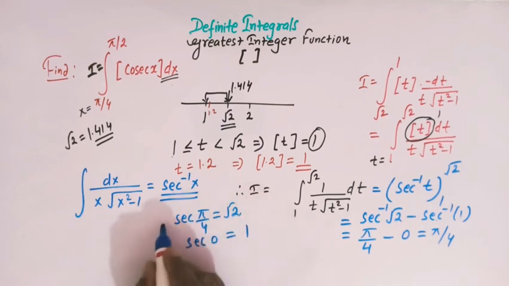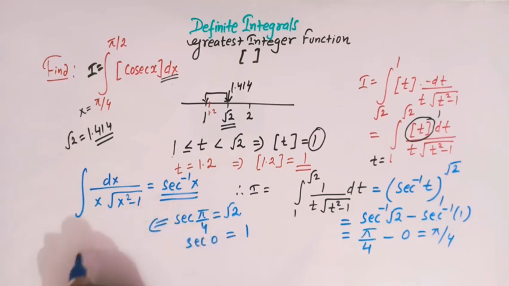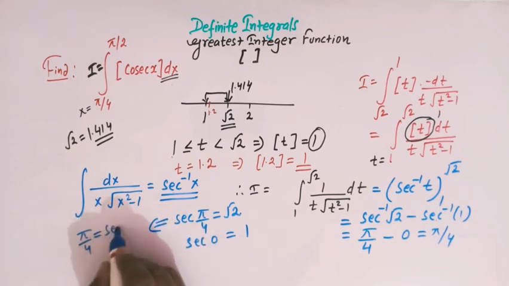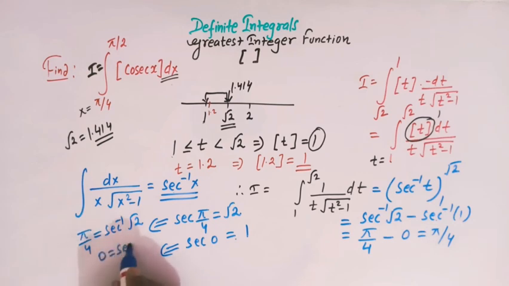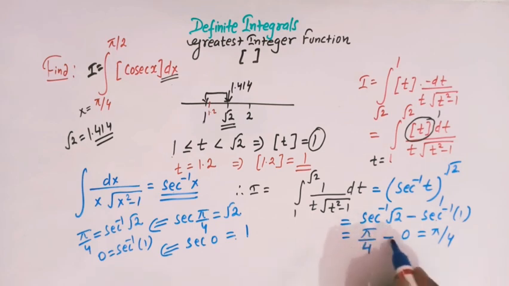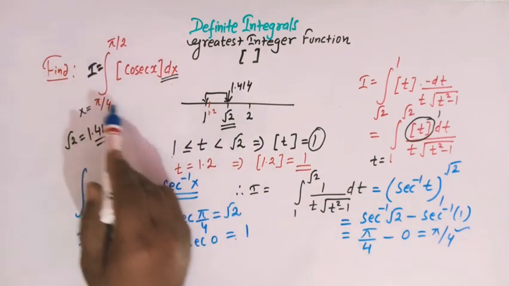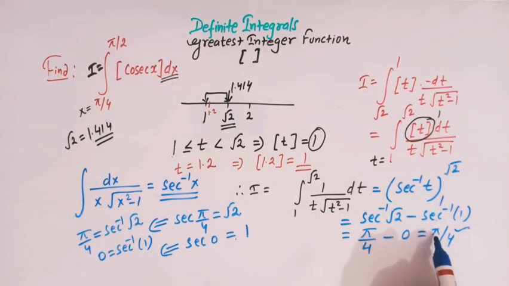So we have pi by 4 minus 0, which is pi by 4. So viewers, the value of this integral is equal to pi over 4.